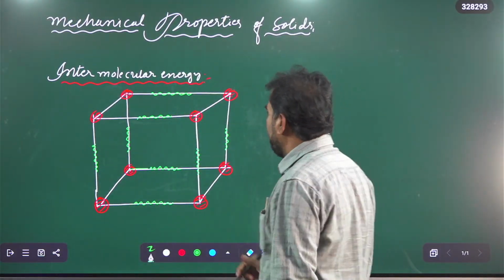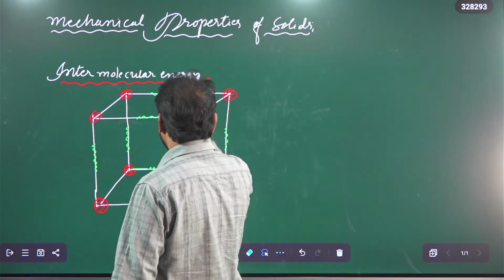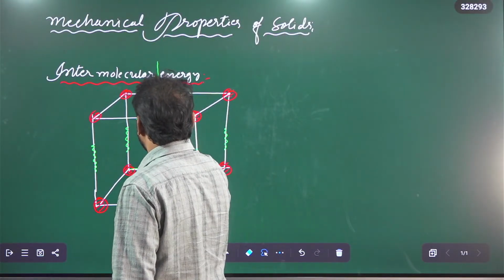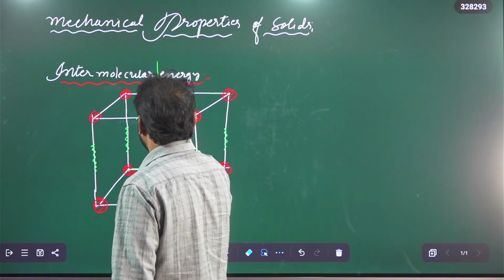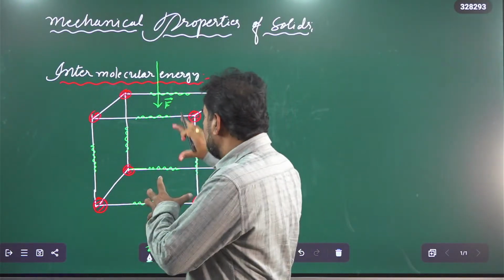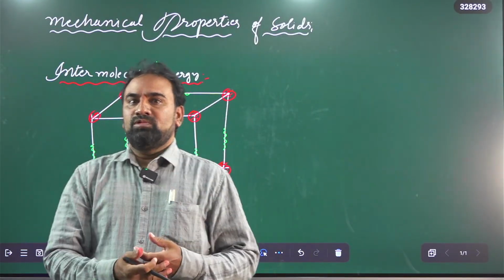Suppose we apply some amount of force, F newtons, in any direction on the surface. All these molecules then undergo simple harmonic motion.